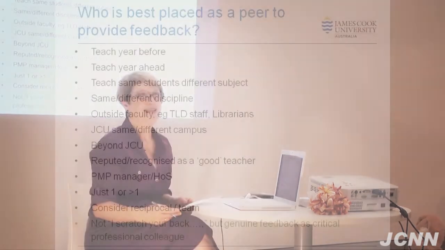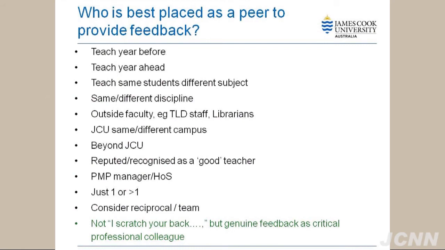So then you need to make the decision as to who should be a peer, who constitutes a peer. I've been stressing to you that it's your colleagues here at James Cook University because they share the experience of teaching here. Think now about whether you want it to be in the same discipline.